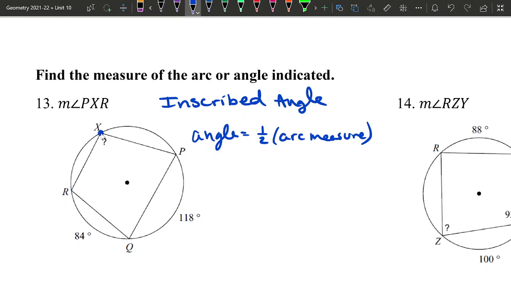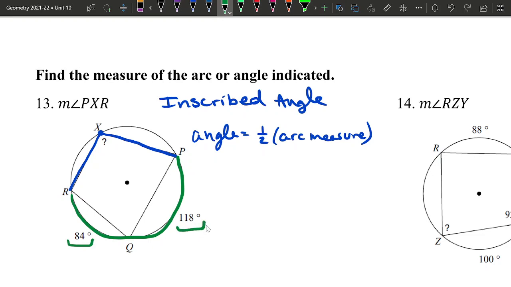So you have to see where this angle is. So there's the angle. So that means the arc for that angle is the entire piece, the entire arc from R to P, RQP. And I have values, 84 degrees and 118.